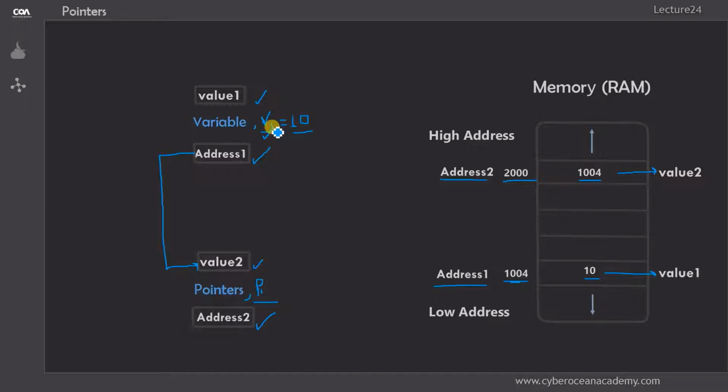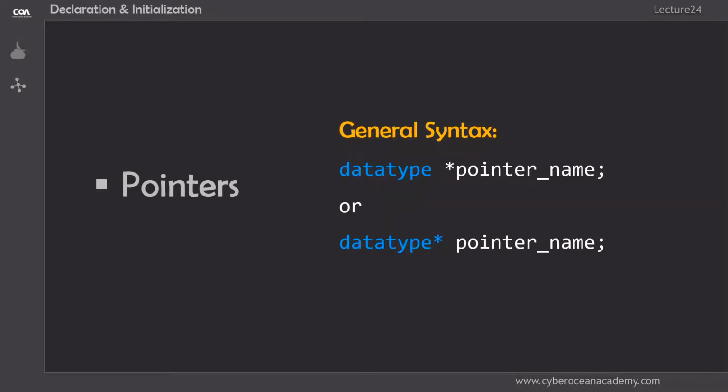So let's see how we can declare a pointer variable, and let's talk about pointer declaration and initialization. We know that a pointer is a variable which can store the address of another variable. Here you can see that we first write a data type, and after that we write the pointer variable name.